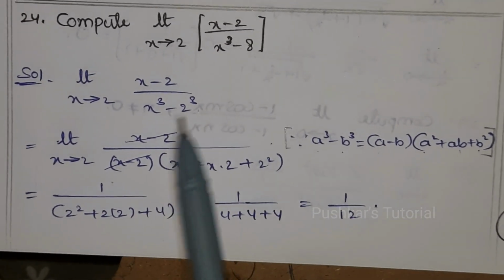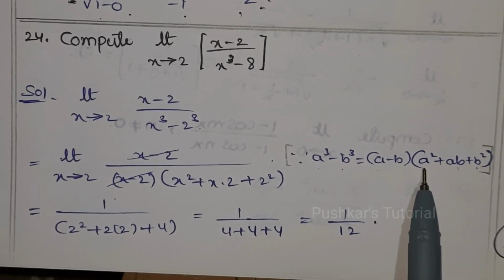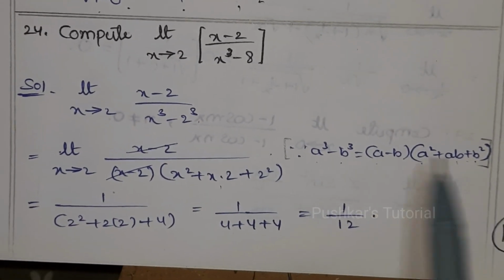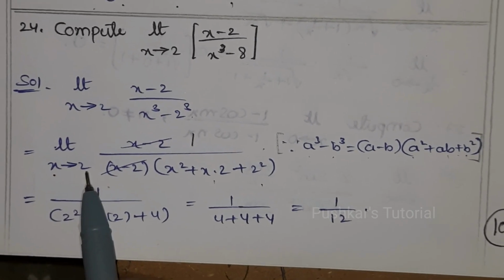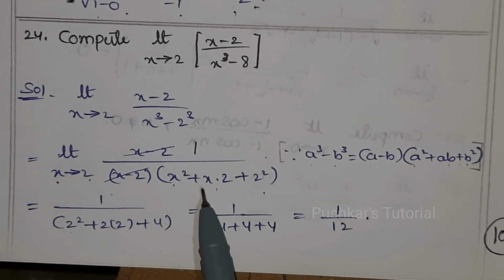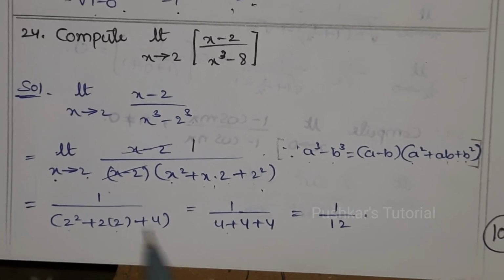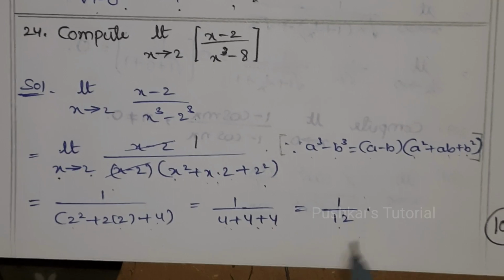So in the numerator and denominator x minus 2 gets cancelled. So a square means x square, ab means x into 2, b square means 2 square. Wherever x is there you have to put 2. So 2 square, 2 into 2, 2 square. 2 square answer is 4, 2 twos are 4, 4. 4 plus 4 plus 4 is 12. 1 by 12 is the answer.